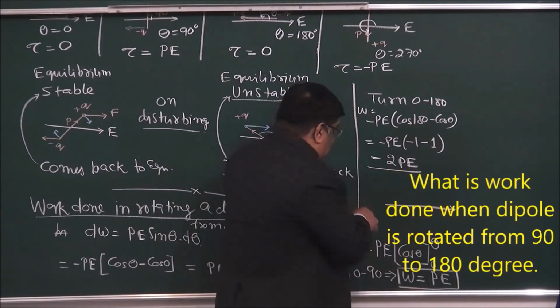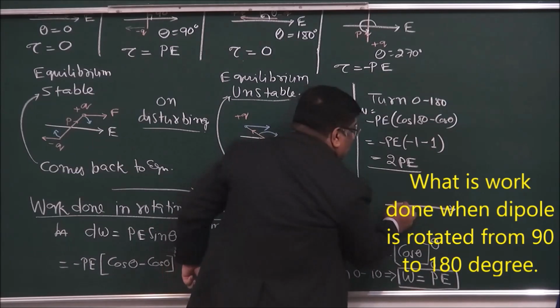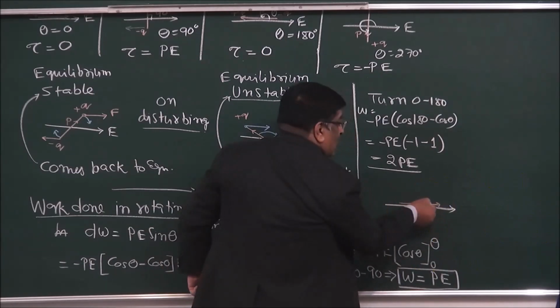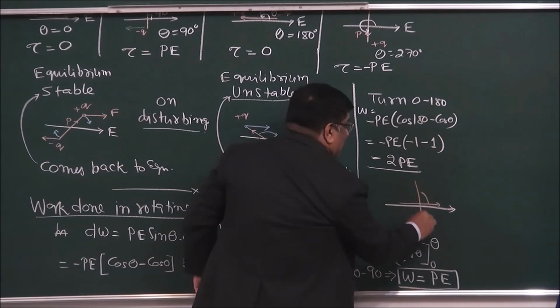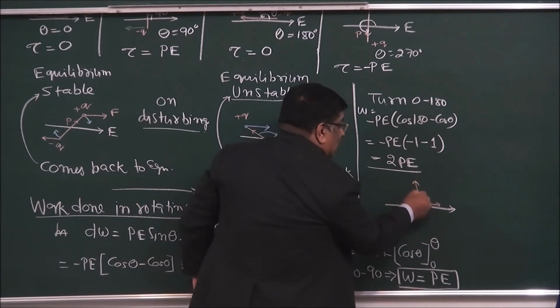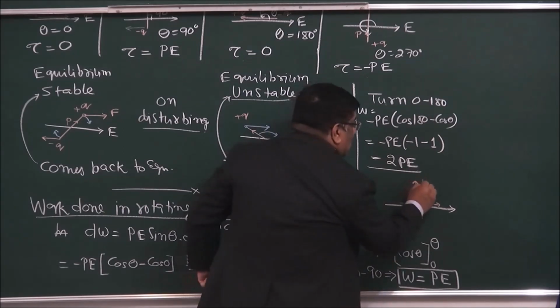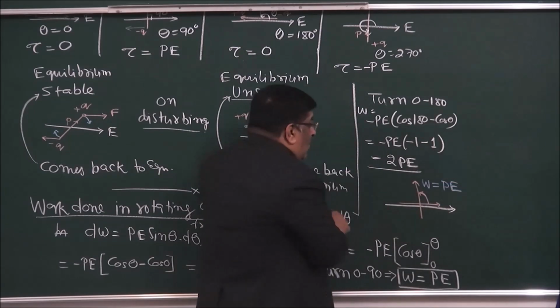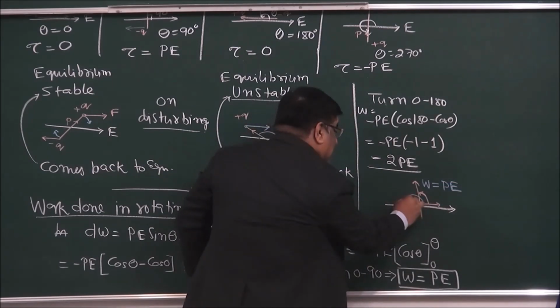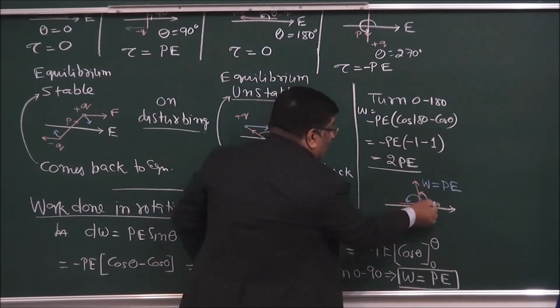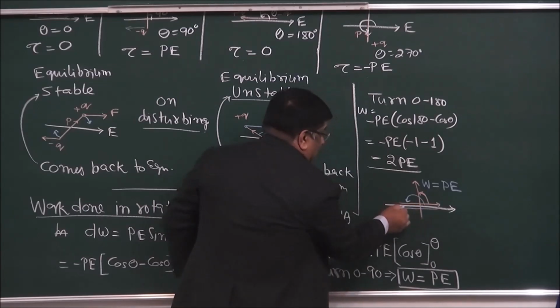Here, this was the dipole. We turned it and brought it here. When we turn it this way, how much work has been done? Answer: the work done here is PE. Now when we turn it this much and bring it to this condition, how much is the work done?